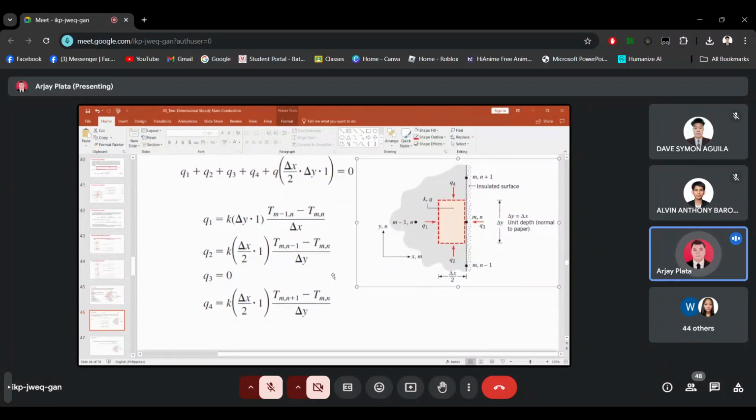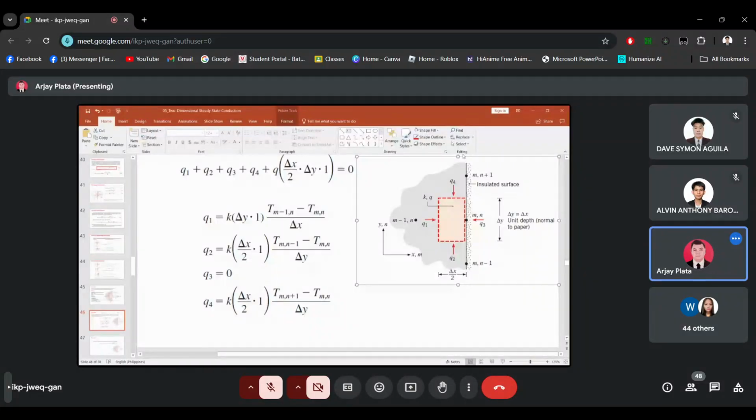For Q3, as I have said, there's no heat transfer here because it's fully insulated, so Q3 is equal to 0. For Q4, we have the same as Q2. The only difference is the nodal temperature location, which is T(m,n+1).